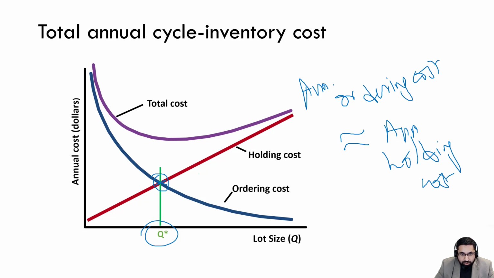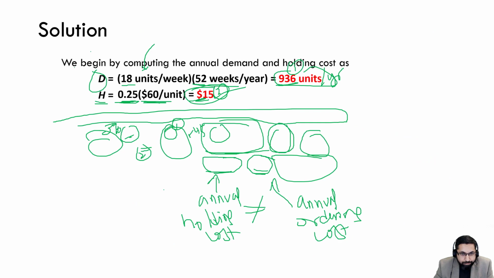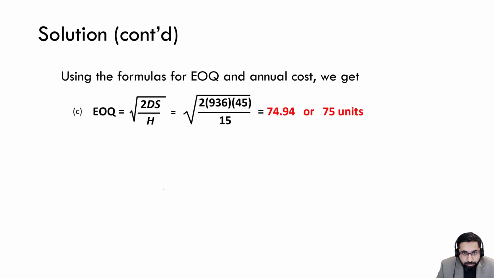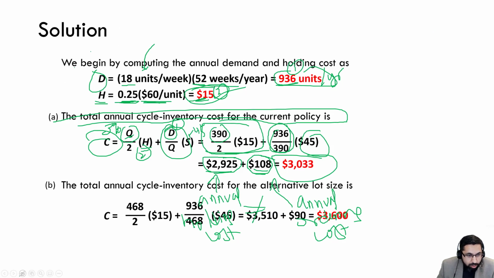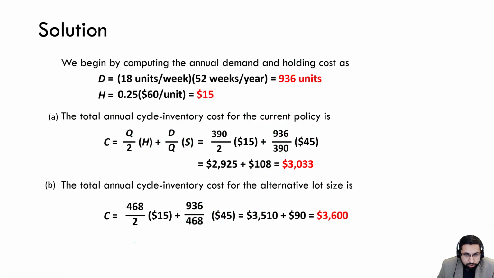Our holding cost was much larger, so 390 is somewhere here. We're ordering too much because the holding cost is higher than the ordering cost. If we reduce the lot size from 390, we would get to the optimal lot size. So our total cost for the current policy is $3,033.